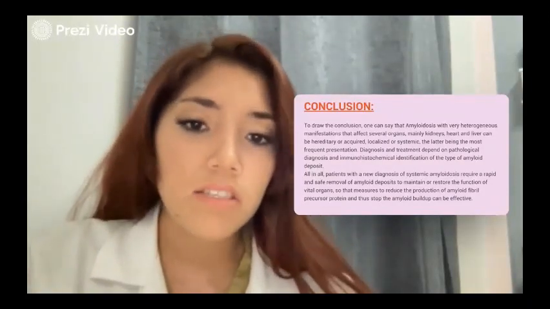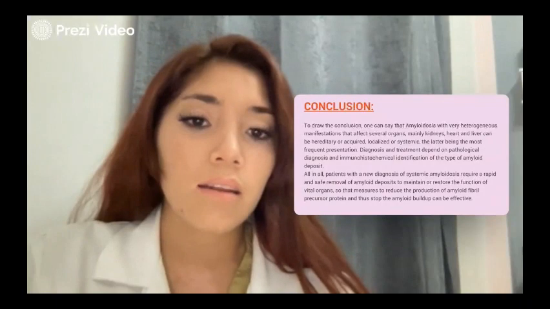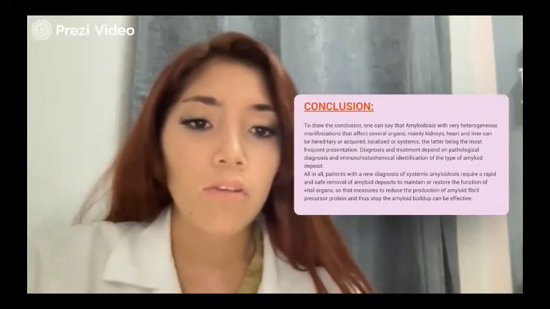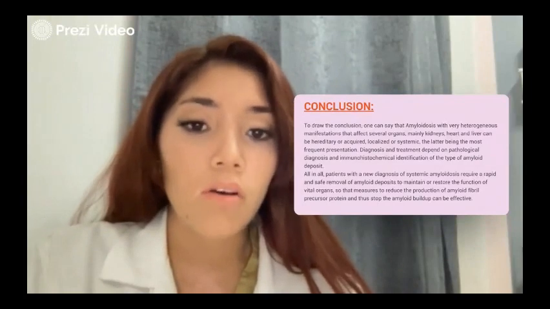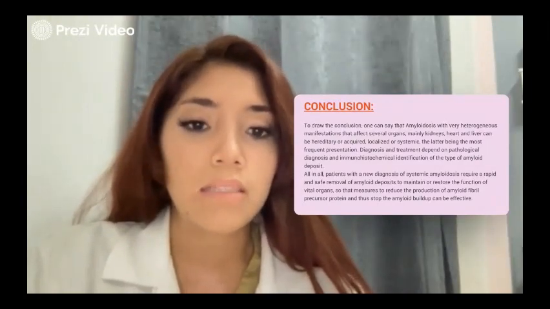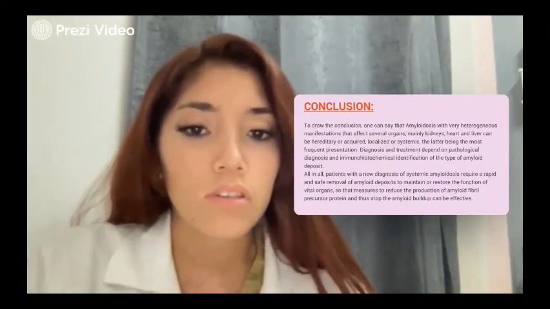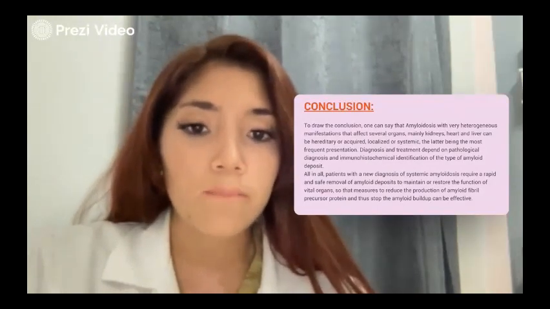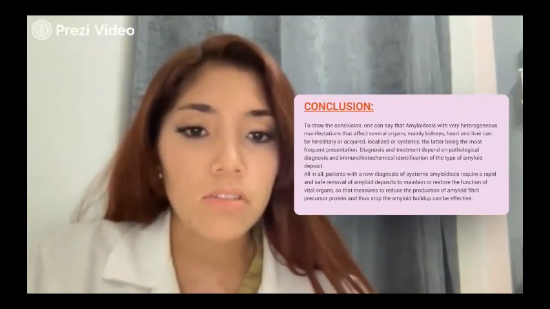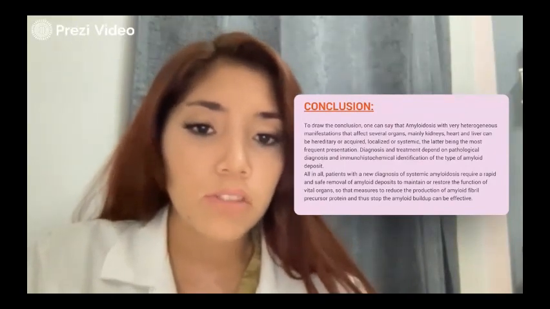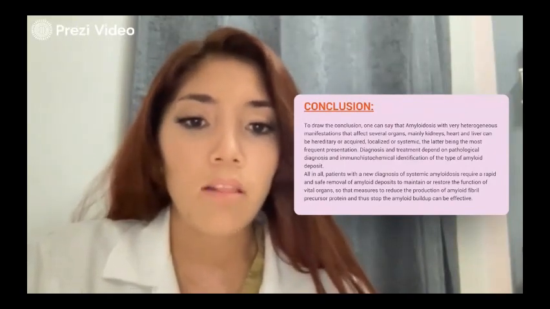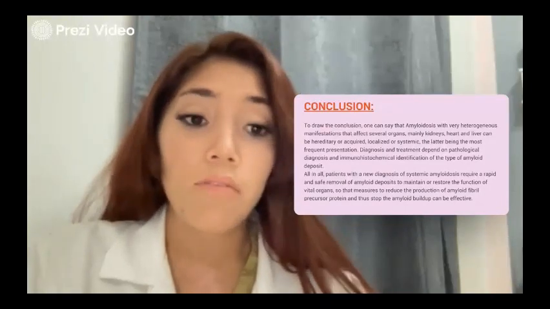All in all, patients with a new diagnosis of systemic amyloidosis require a rapid and safe removal of amyloid deposits to maintain or restore the function of vital organs. So measures to reduce the production of amyloid fibril precursor protein and thus stop the amyloid building up can be effective.